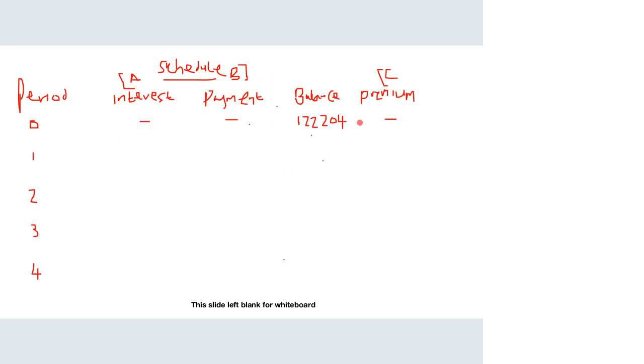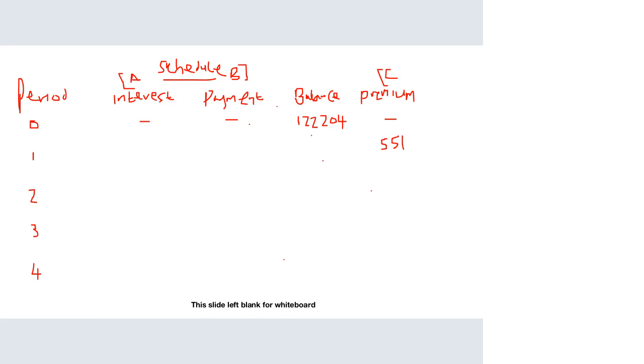So if we go back now, under the premiums here, we'll have the same amount for the 4 periods. So we'll have 551 there, 551 there.